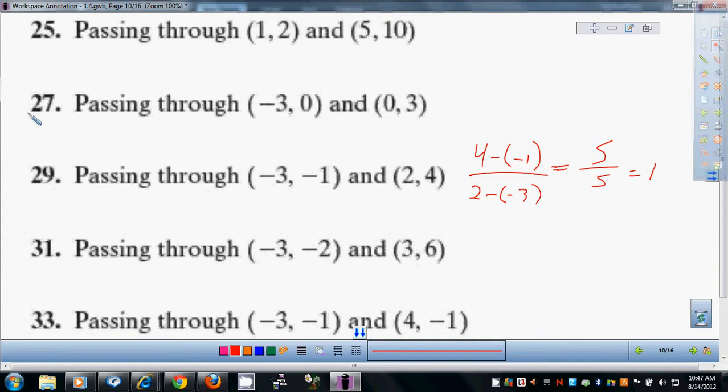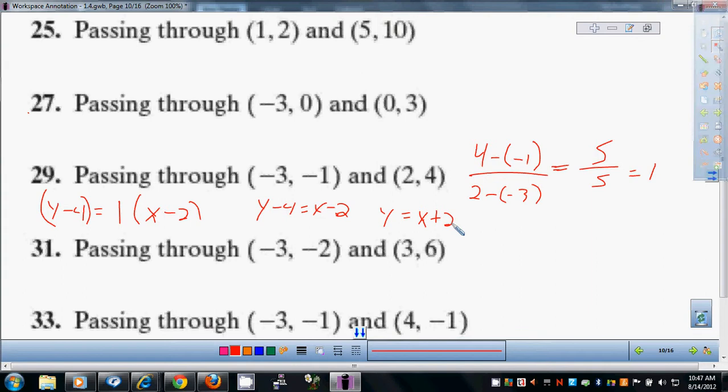Does not matter. It will work out the exact same. So let's use the (2, 4). Y minus 4 equals the slope times x minus 2. That part's done. Now I have to put it in slope-intercept form. Add the 4. And you're done. Point slope, slope-intercept. So if it gives you multiple points, you just have to find the slope first, but none of the work changes.